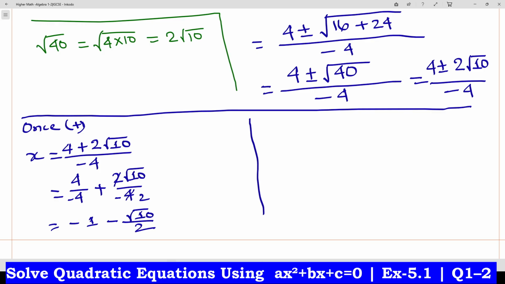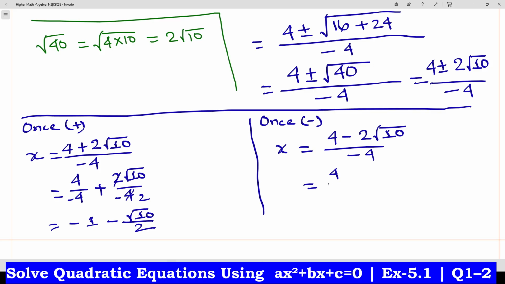So what will be the next? Next part, once negative. So x equals to 4 minus 2 root 10 by minus 4.